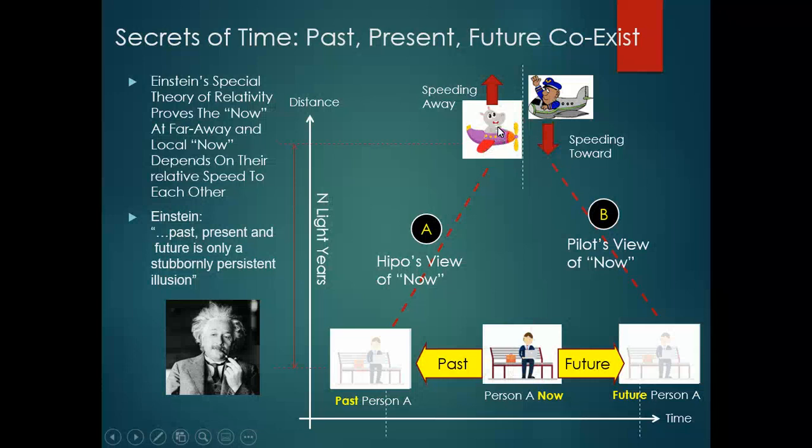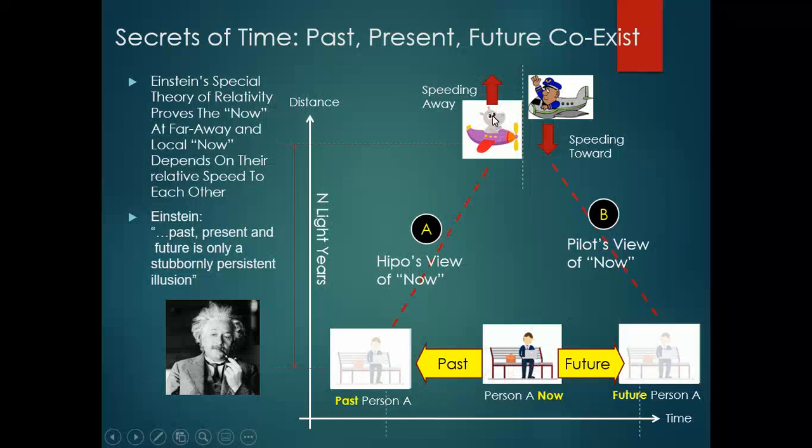Here I drew a hippo and another pilot who can fly different airplanes. Now suppose there's a mechanism for the beings on this remote planet to observe what's happening on Earth, maybe using some kind of quantum entanglement device, so they can observe person A who's sitting on the park bench typing on his laptop.